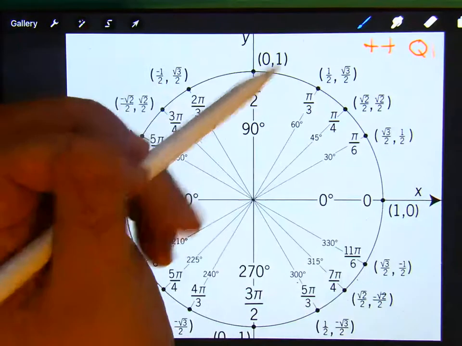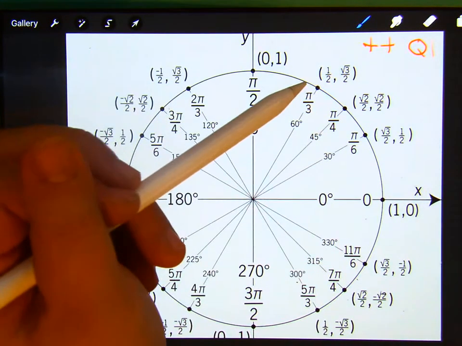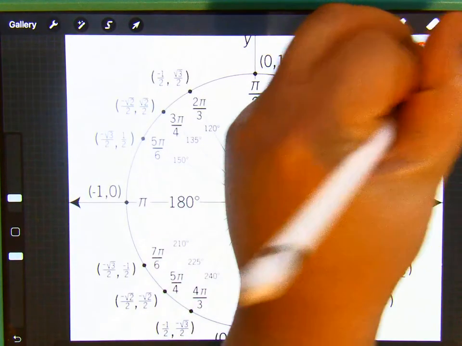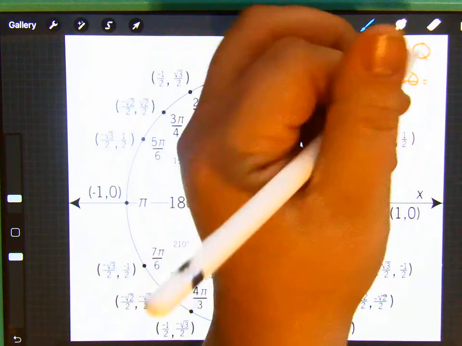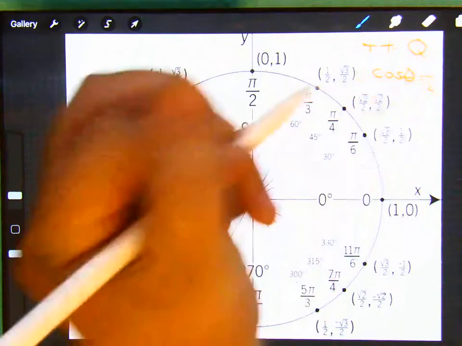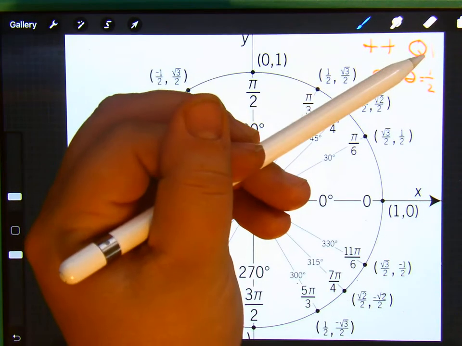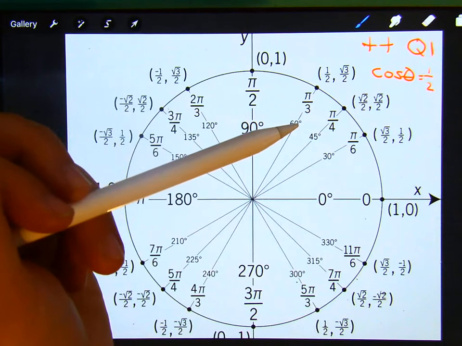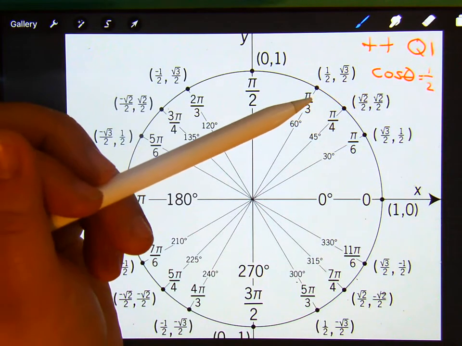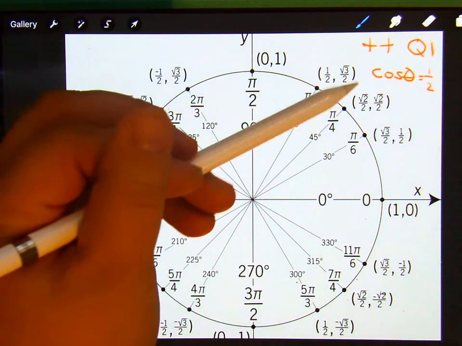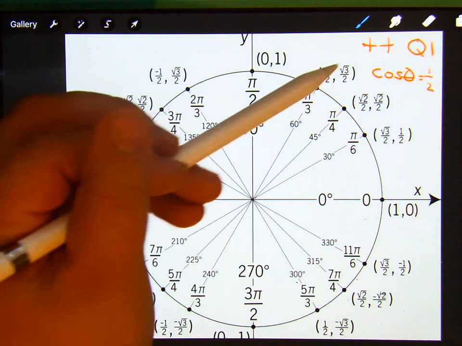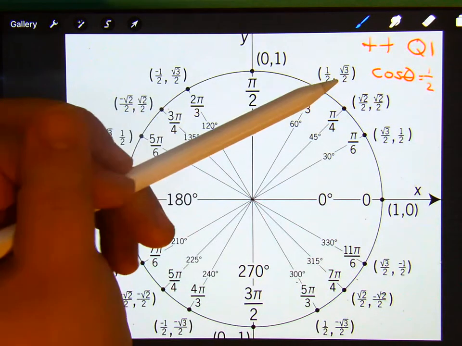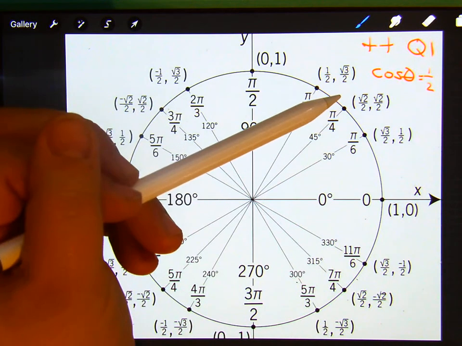So if I was to say that cosine theta equaled 1/2 and was in quadrant 1, what is the value of sine theta? You could say, okay, it's going to be positive, because if we're in quadrant 1, it also has to be positive. And it'd be radical 3 over 2.